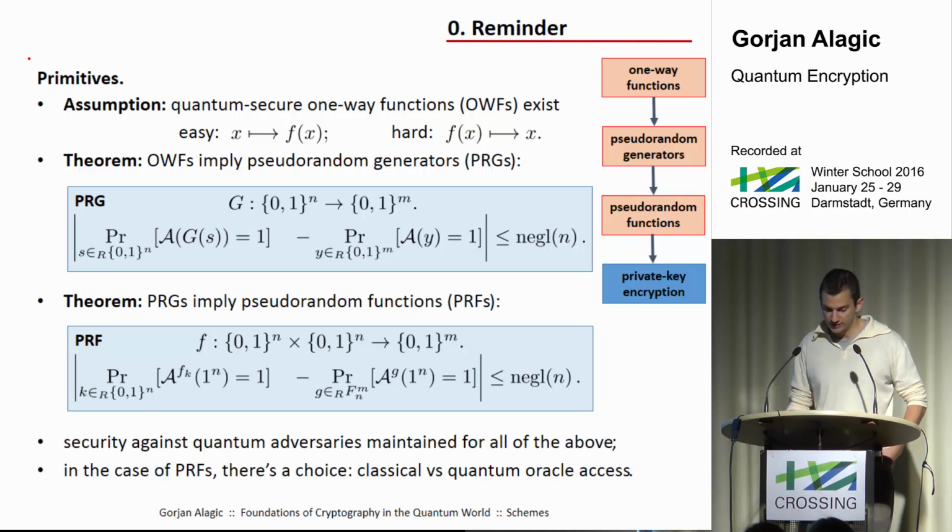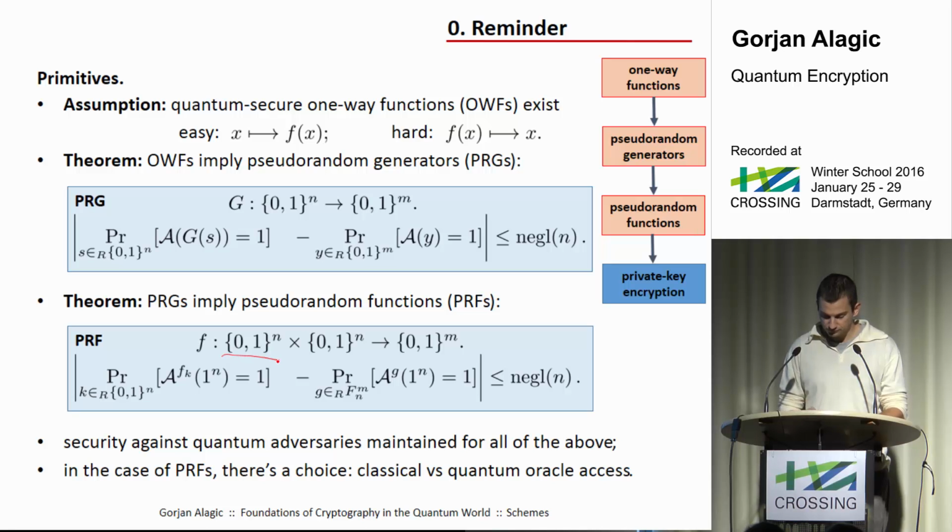And then we also showed that from pseudo-random generators, one can build these more powerful pseudo-random functions, where if we fix this first parameter k to be something that's uniformly random, then the function that we get from n bits to m bits is oracle indistinguishable from a perfectly random function to quantum adversaries.